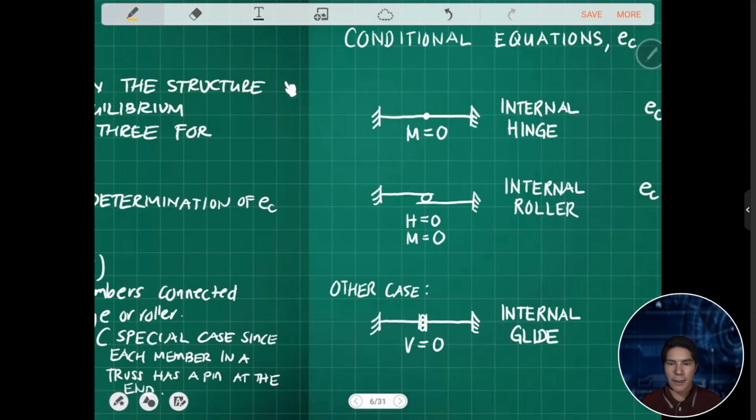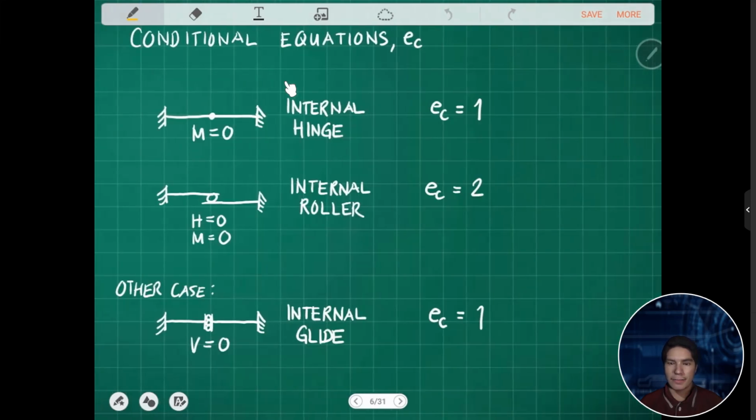For example, at an internal hinge, we have an extra equilibrium equation: summation of moment equal to 0. So the number of conditional equations is 1. For the internal roller, we have summation of horizontal forces and summation of moment at the internal roller equal to 0. That's why the number of conditional equations equals 2.